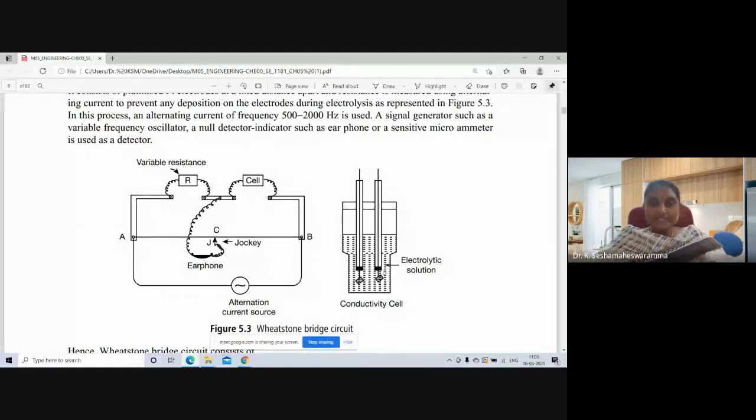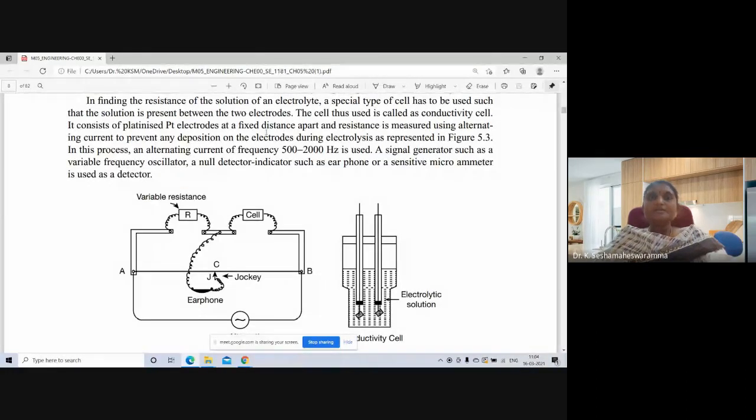Here is the electrolytic solution. It consists of platinum electrodes at a fixed distance apart, and resistance is measured using AC, alternating current, to prevent any deposition on the electrodes during electrolysis.